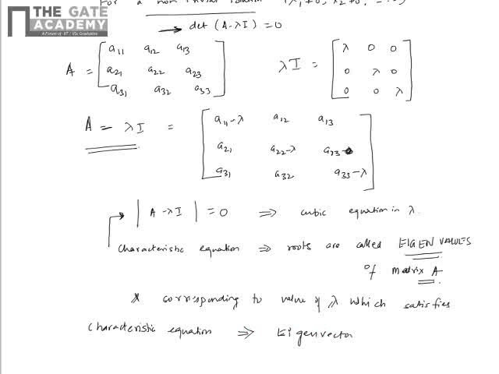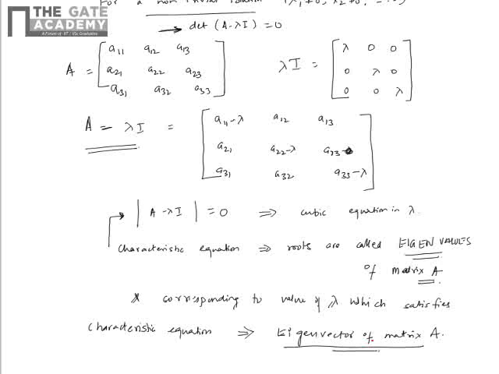So this is just the definition. We have seen how to find eigenvalues, how to find eigenvectors, and what the characteristic equation is, that is nothing but the determinant of A minus lambda I.